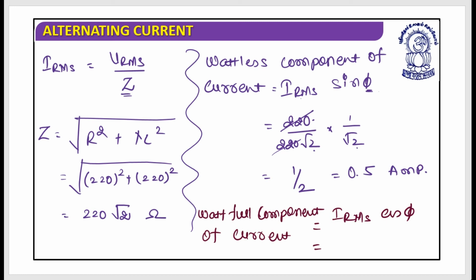So this IRMS would be equal to 220 by 220, which has gone, and it would be 1 by root 2, multiplied by cos phi. Again it's 45 degrees. Sin 45 and cos 45 have the same value, so this is again 1 by 2, which is equal to 0.5 ampere. I hope this is clear. This is 0.5 ampere.